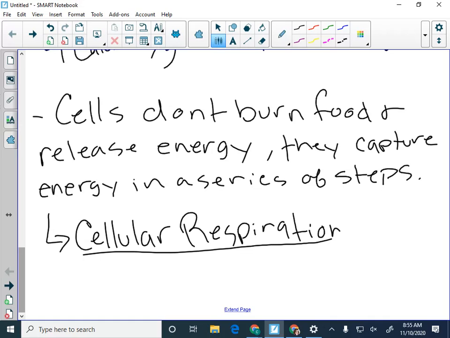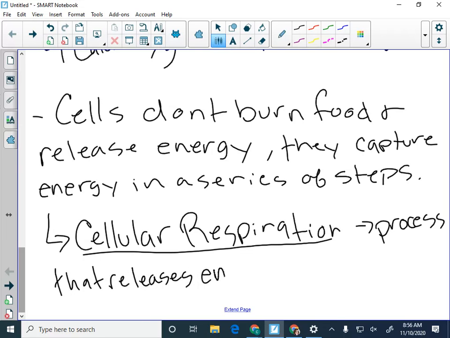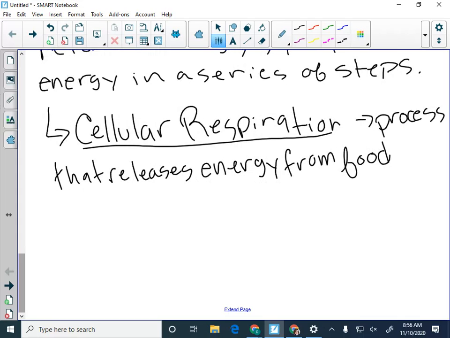Cellular respiration is the process that releases energy from food, and here's a little caveat, in the presence of oxygen.